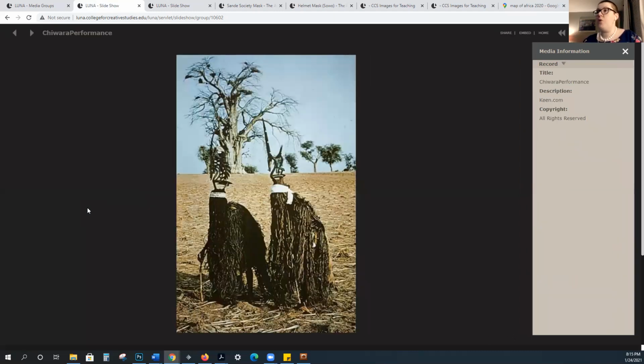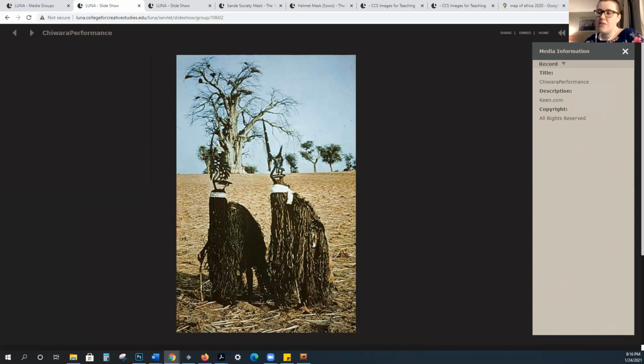They would be performed. And you can see here that this is a crest mask. So it goes on the top of your head, and there's basketry attached that lets you wear it as a cap. And then you have this natural fibrous costume, and you can see that it obscures almost the entirety of their person. You can see a little bit of their legs, but their face is invisible.